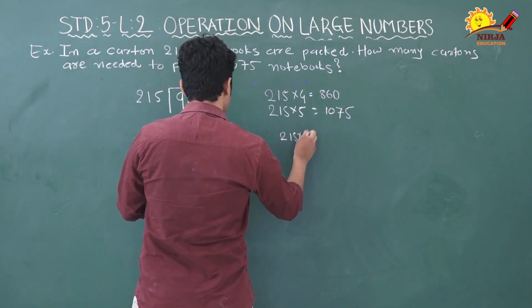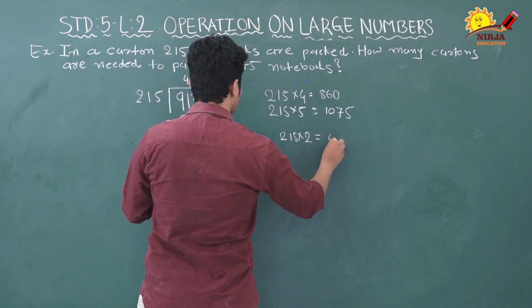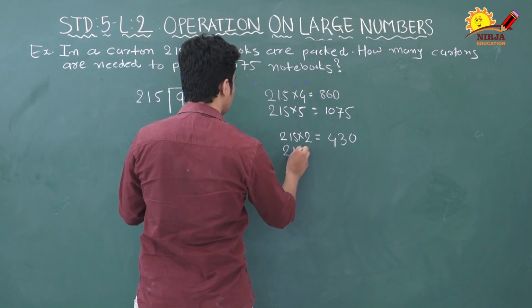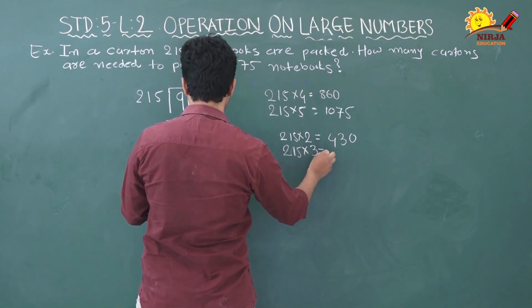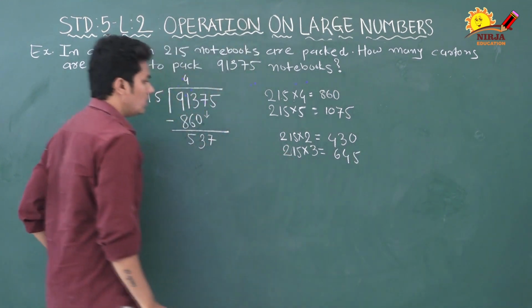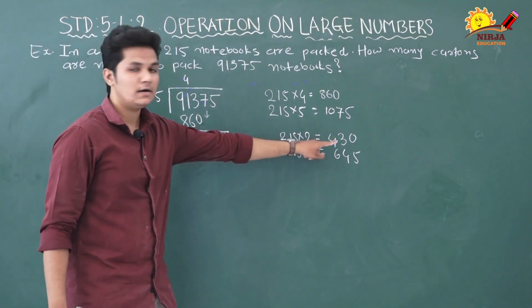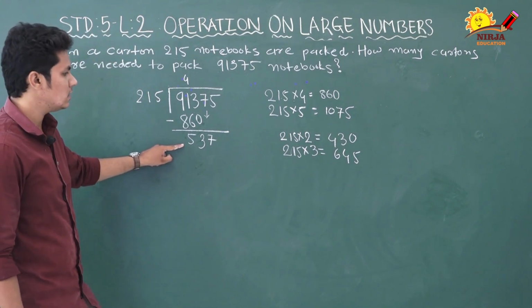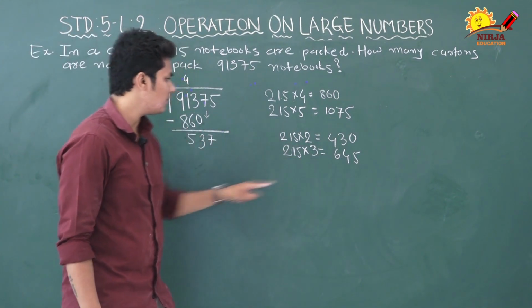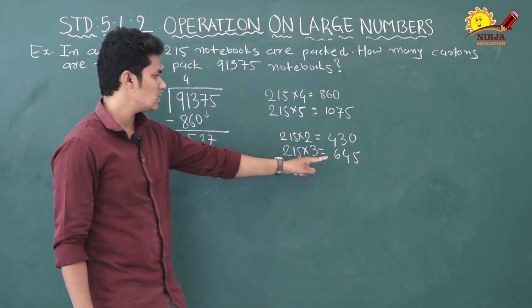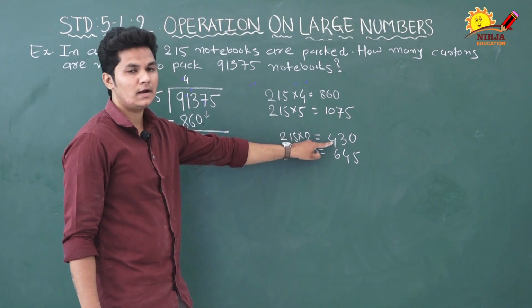Okay, now 215 multiplied by 2 is 430 and 215 3 times is 645. Alright, so 430 is less than 537 and 645 is greater than this number. So we cannot write this, so we will take 430.